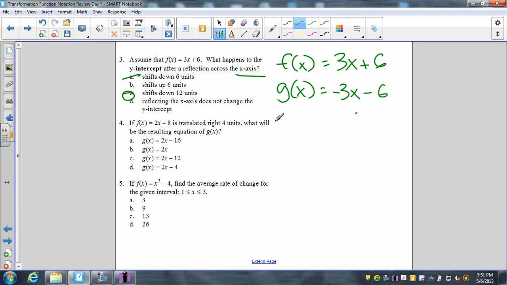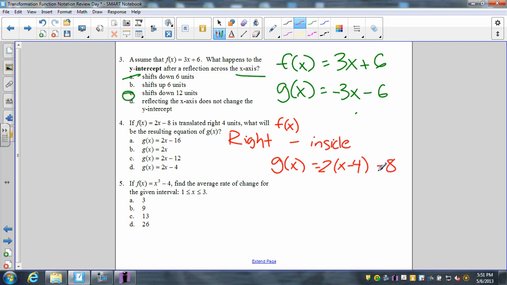Number 4, if f of x is 2x minus 8, is translated right 4. So you've got to remember, going right means you subtract inside the parentheses. So g of x is now going to equal 2 times the quantity x minus 4, minus 8.